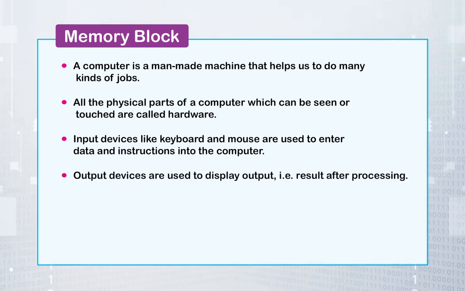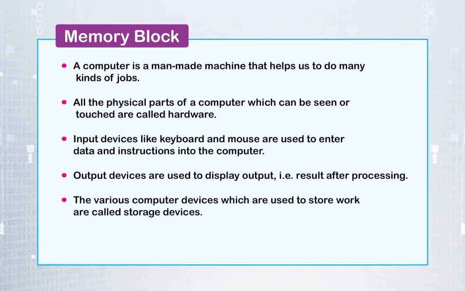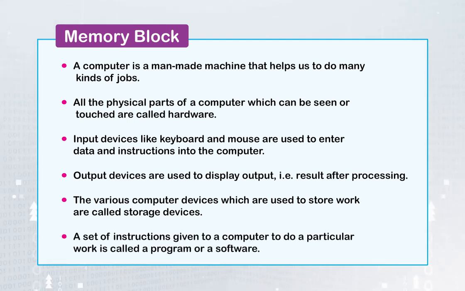Output devices are used to display output, that is, result after processing. The various computer devices which are used to store work are called storage devices. A set of instructions given to a computer to do a particular work is called a program or a software.